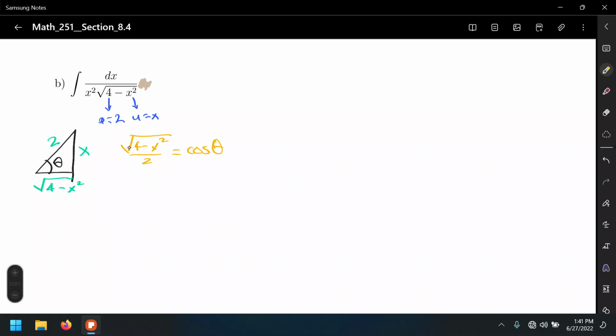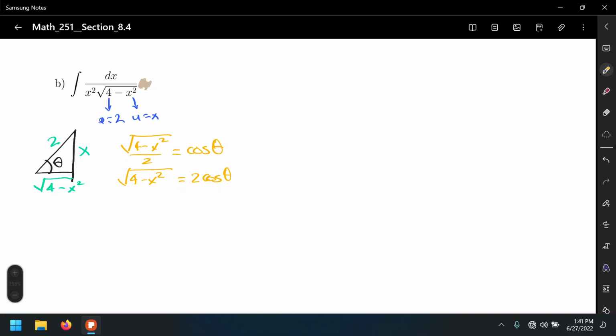Cosine theta, but in this case we need to solve for the radical. In the previous example we didn't do that because the denominator was 1, so we didn't really spend one step doing that. We're going to do that now. And that's a 2 cosine theta.